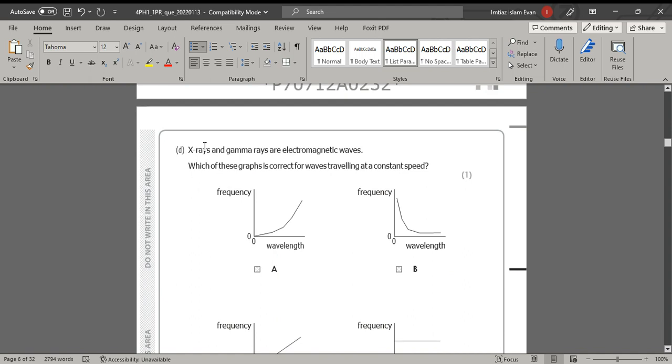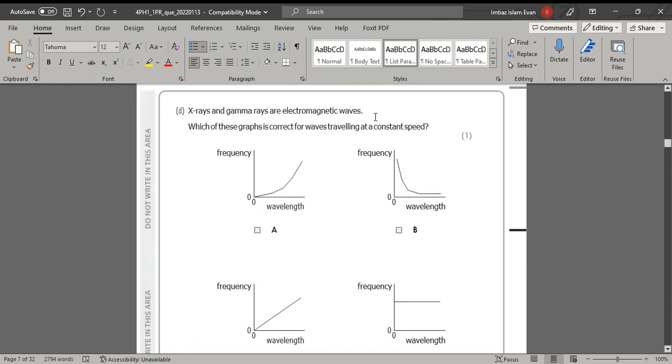Now the next question says X-rays and gamma rays are electromagnetic waves. Which of these graphs is correct for waves traveling at a constant speed? We know that according to the equation v is equal to f lambda, if the wave speed is constant, then constant is equal to frequency times lambda.